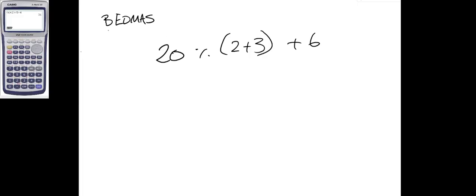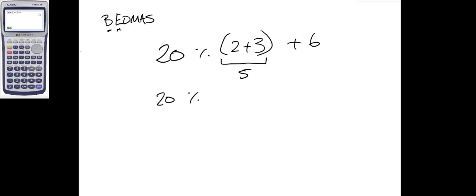Are there any brackets? Yes, there's brackets. Let's take care of that first. 2 plus 3, hopefully you don't need a calculator for that. That's going to be 5. There's no exponents, so we don't really worry about that. So let's copy it down.